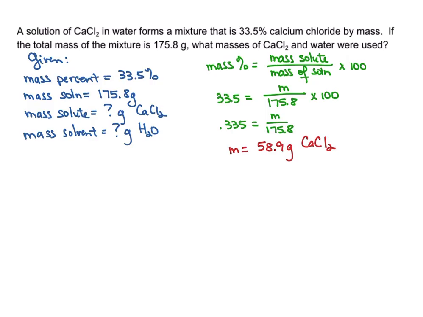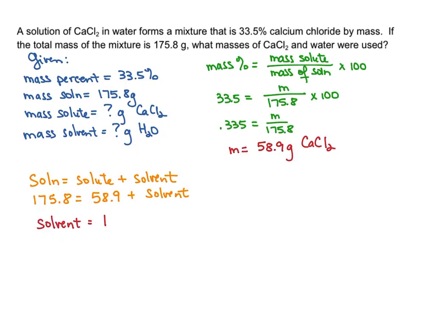Now I want to solve for the solvent, but I want to remember that the solution is equal to the solute plus the solvent. I have the mass of the solution, I have the mass of the solute, so now I can solve for solvent.